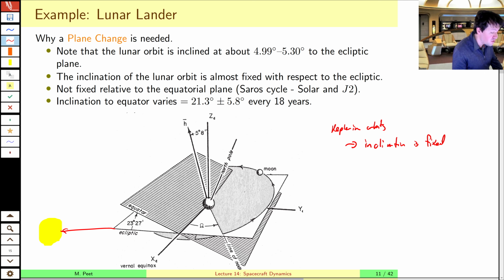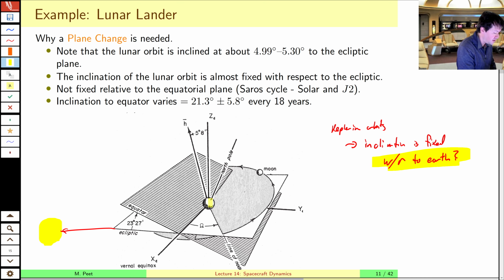Now, if the moon were orbiting the Earth, its inclination would be fixed with respect to the Earth. I put a little question mark because it's not. Oops. Undo that. Too bright. It's not.